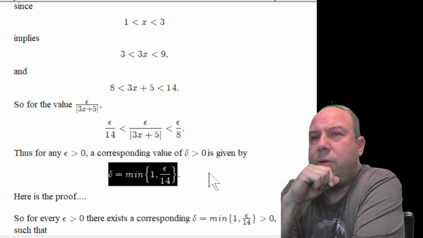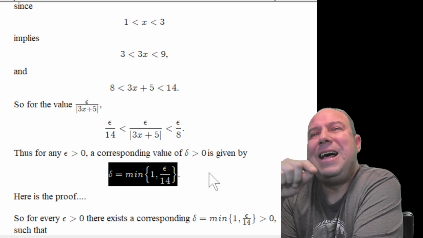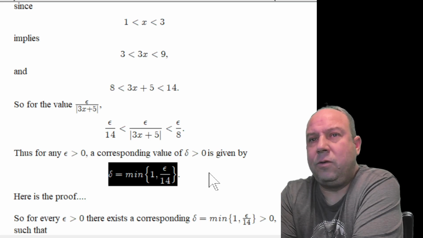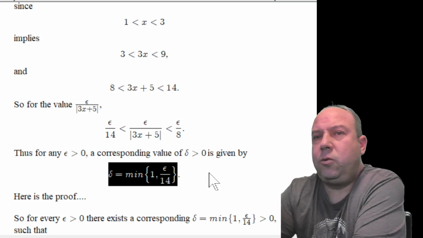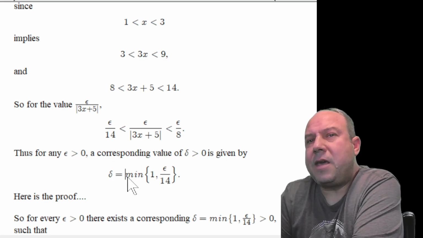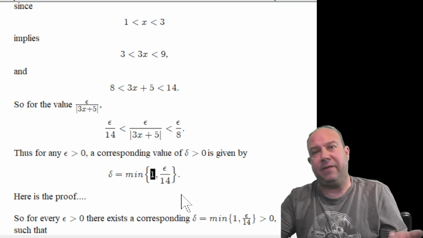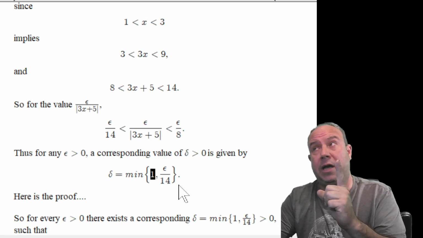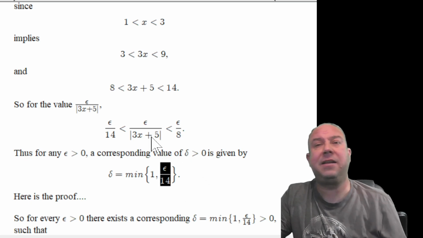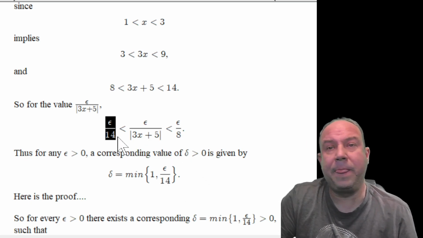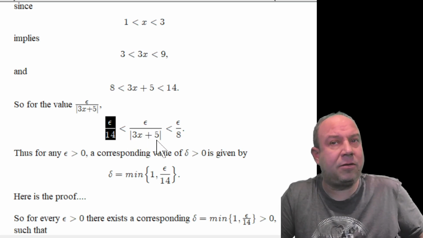We're always going to assume delta is going to have to be less than or equal to the value of 1 in our choice. Under that assumption, we're able to establish that our choice for delta should be the minimum value given by either the value of 1 or the value of epsilon divided by 14, this smallest possible value for epsilon divided by the absolute value of 3x plus 5.